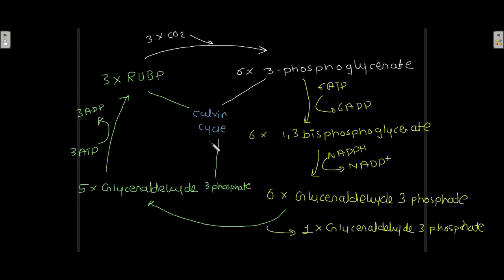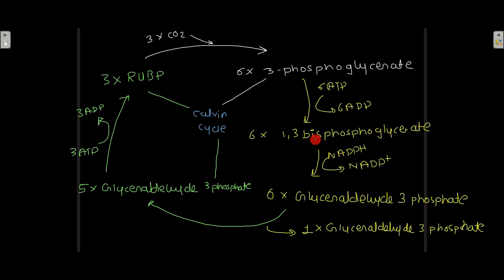So this is how the overview of the Calvin cycle looks. 3 carbon dioxide molecules combine with 3 RuBP and give you 6 molecules of 3 phosphoglycerate. These are phosphorylated and 6 molecules of 1,3-bisphosphoglycerate are formed.